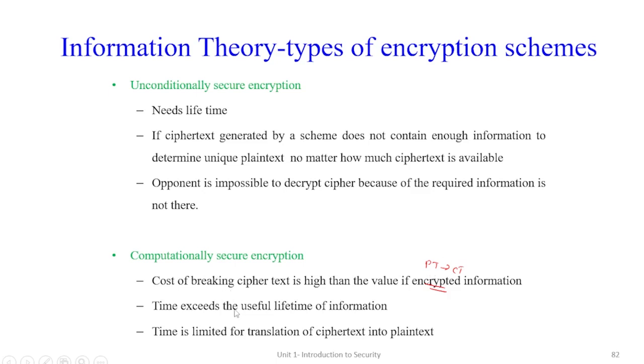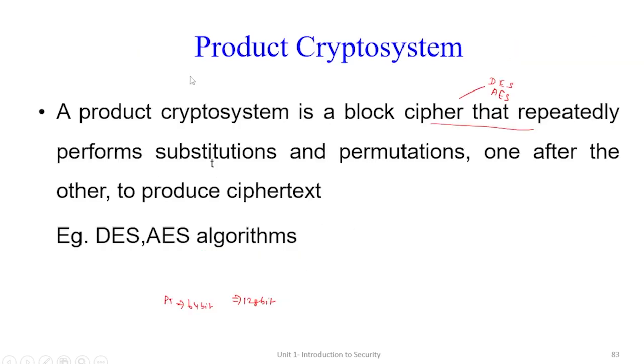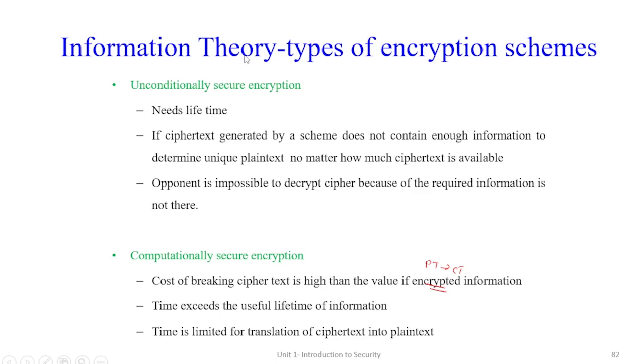In terms of time, the time for breaking the ciphertext is more than the time used for converting plaintext to ciphertext. We should consider these two secure encryption mechanisms, which are also called information theory.